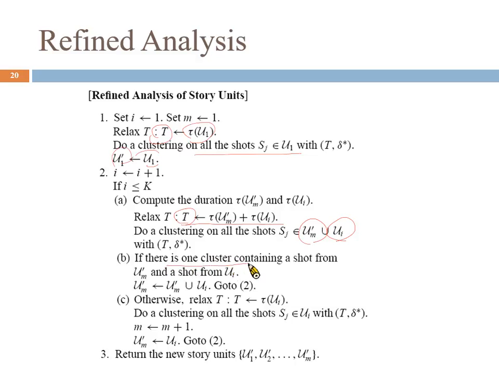And if there is a cluster containing a shot from UN prime and another shot from UI, then we say that these two video clusters should be merged together. Okay. On the other hand, if this is not the case, we just use the original time-based constraint to do clustering.